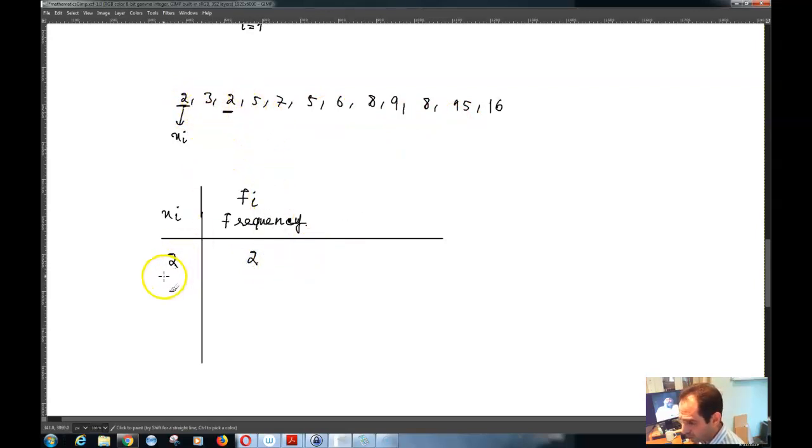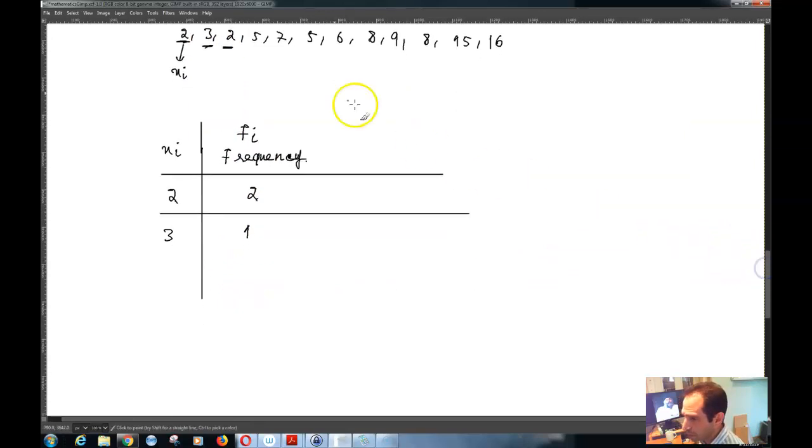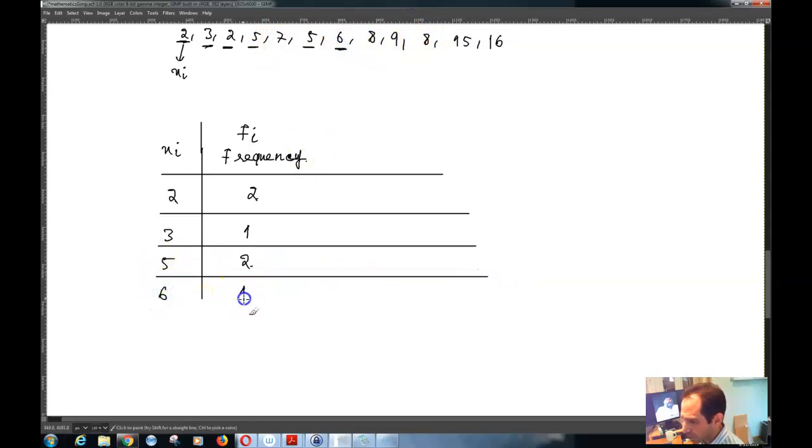Then you have another observation, which is 3. The number of times that it happens is only once, so that's the frequency related to that. Then you have 5 over here, I'm just writing them in ascending order, and 5 happens 2 times. Then you have 6, which happens once, and 7, which happens once.